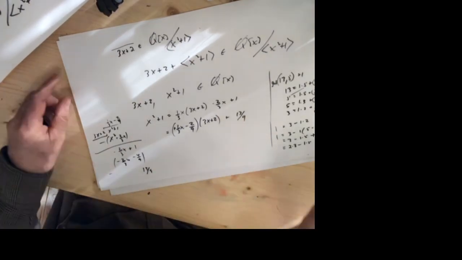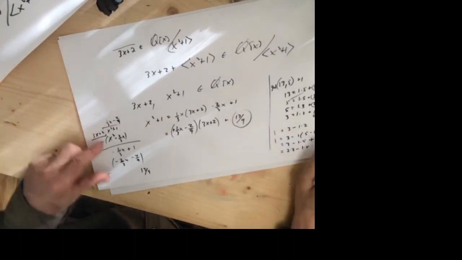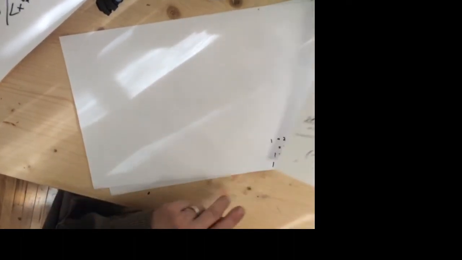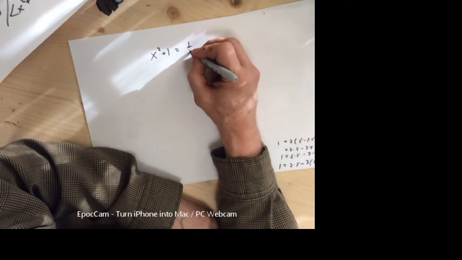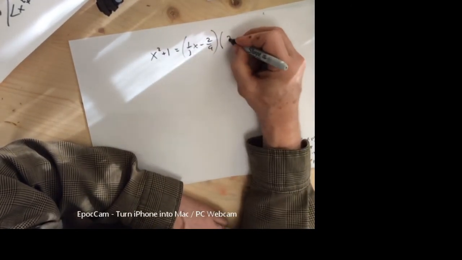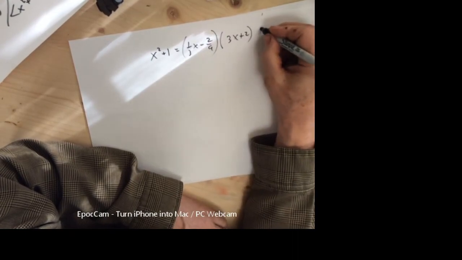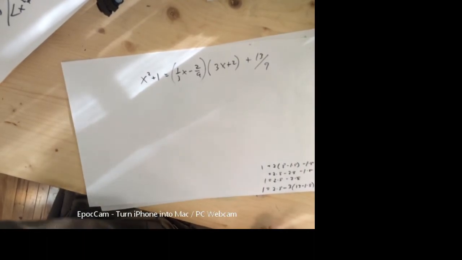Now, the hard part about this entire calculation is that it's okay not to get 1 here. So now I'm going to write down what I have. That's what I had just learned.